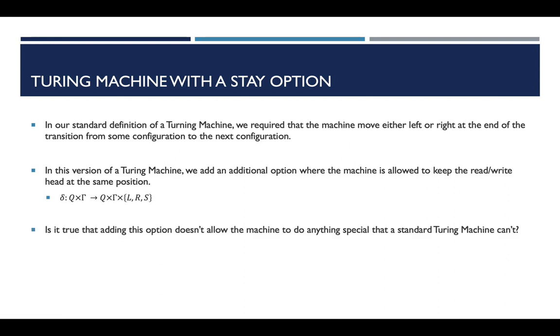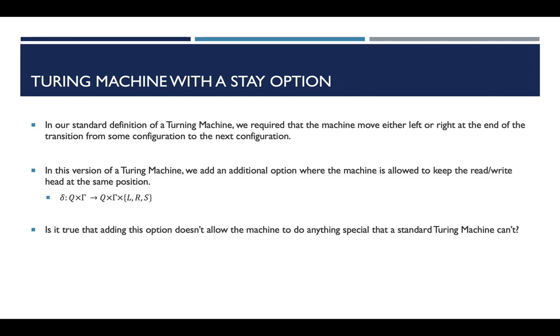So it might seem like by adding this new option of behavior for the read-write head, we have somehow expanded the number of problems that our Turing machine can solve. Because we have a new feature, potentially there are problems that can be solved using that feature that would not be solvable without it.